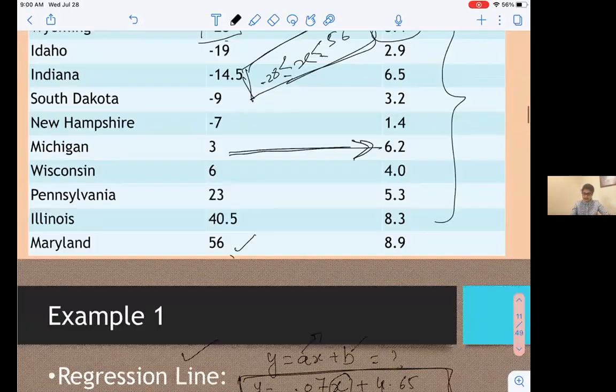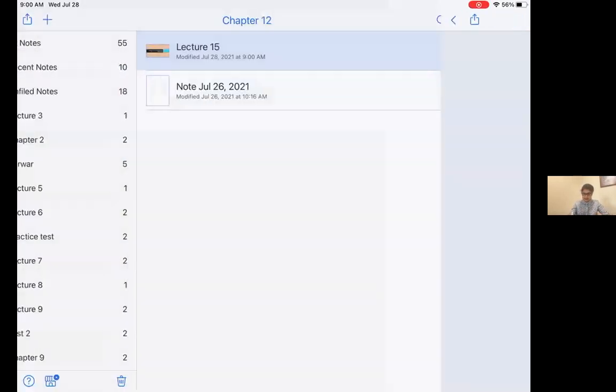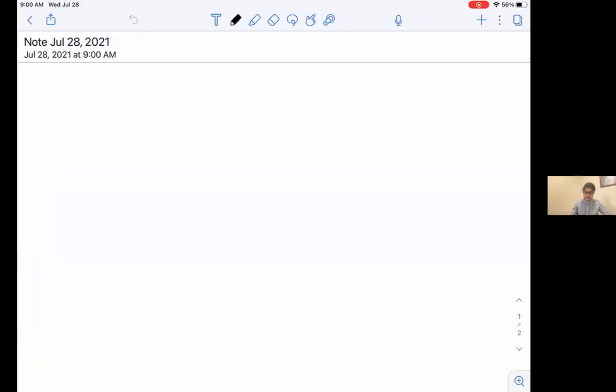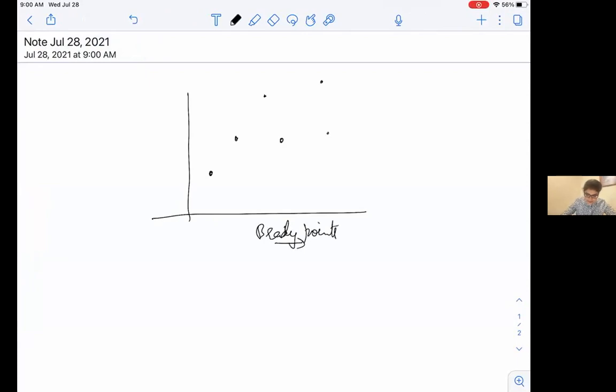Let me explain it another way. From our given data, we made a scatter plot. The scatter plot gives us the values defined in your raw data, the x value and y value. For instance, this is Brady points on your x-axis, and y is your crime rate or murder rate.